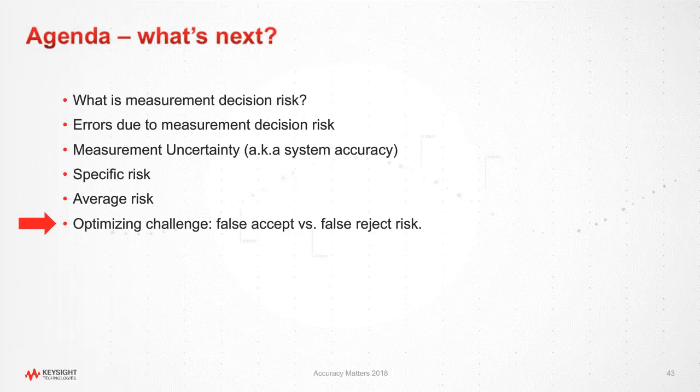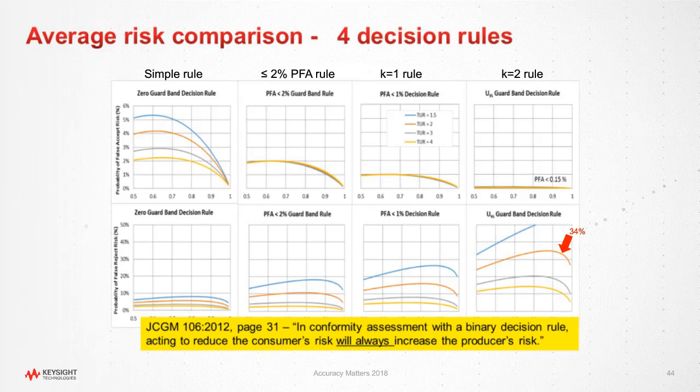Now, you're probably asking yourself, how do I optimize false accept and false reject risk? Because they're both there, and I'd like to address that. This is a chart from a paper that I did a couple years ago.